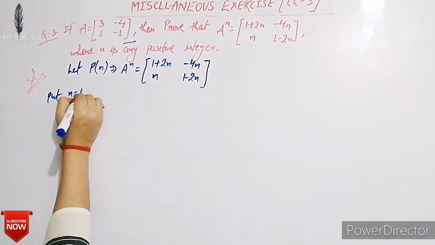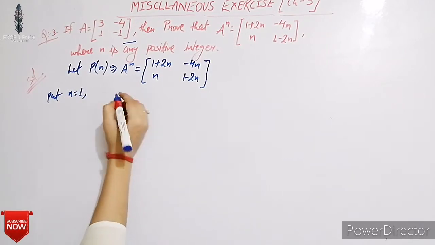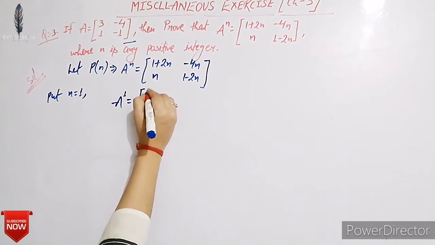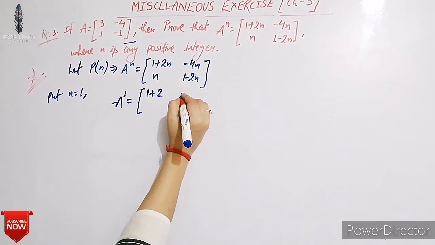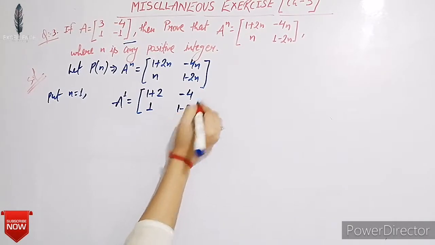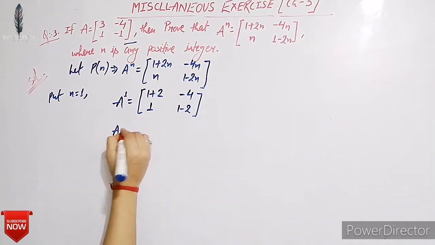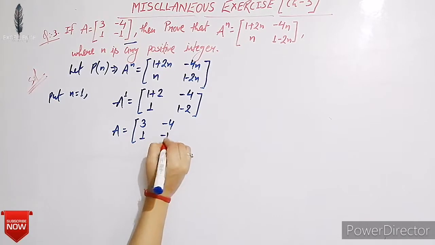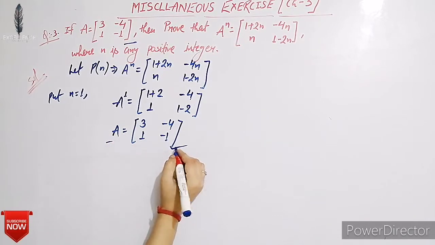First put n equals 1, then we get A raised to 1 is equal to [1 plus 2, minus 4; 1, 1 minus 2]. So it is equal to A, which is [3, minus 4; 1, minus 1], that is true.